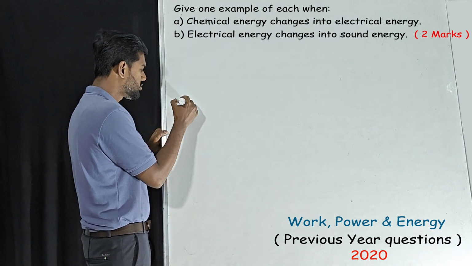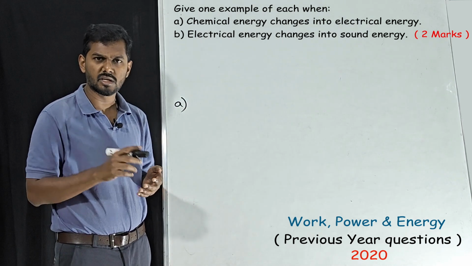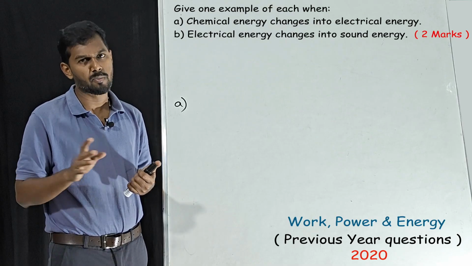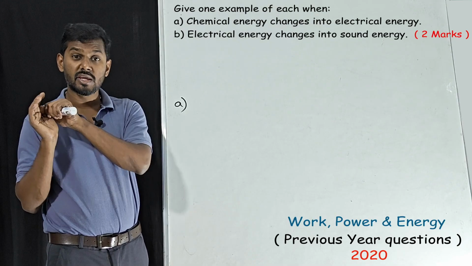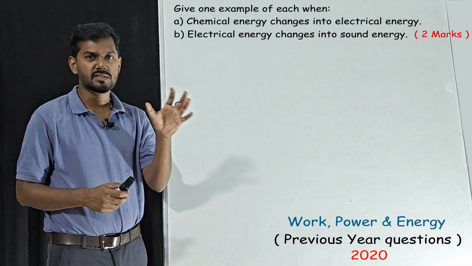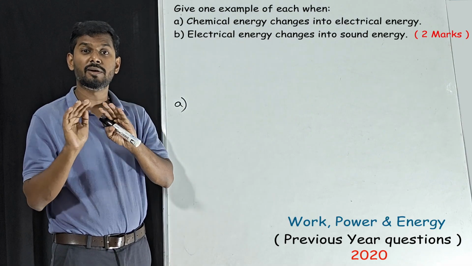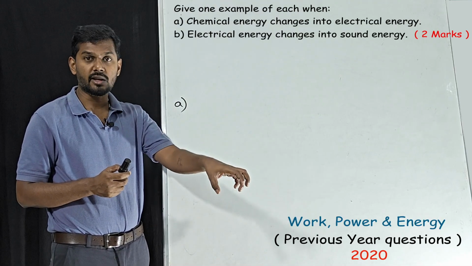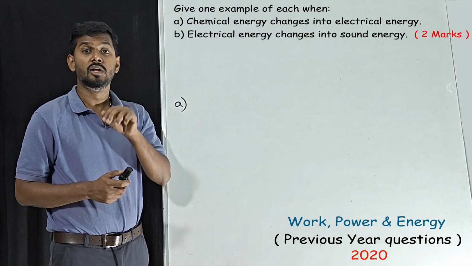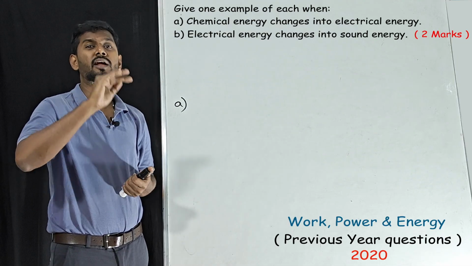So first question, chemical to electrical. There are many things, but a very simple example is our mobile phone. While charging, we are giving electricity to the battery inside the mobile, correct? So electrical energy, giving electricity, is the input. What is the output? The electrical energy is getting stored in the battery in the form of chemical energy. So that is electrical to chemical, but here they are asking for chemical to electrical.